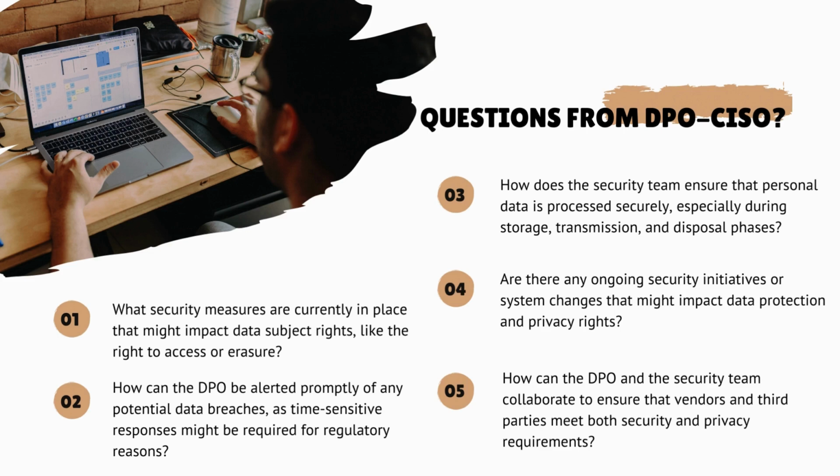Question number three: how does the security team ensure that personal data is processed securely, especially during storage, transmission, and disposal phases? Question number four: are there any ongoing security initiatives or system changes that might impact data protection and privacy rights? Question number five: how can the DPO and the security team collaborate to ensure that vendors and third parties meet both security and privacy requirements?